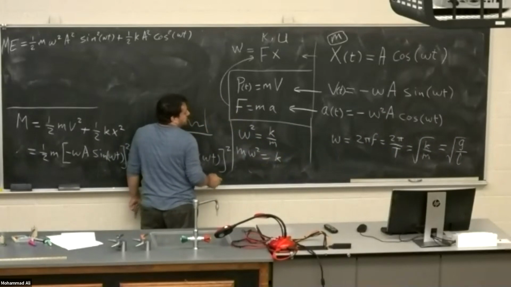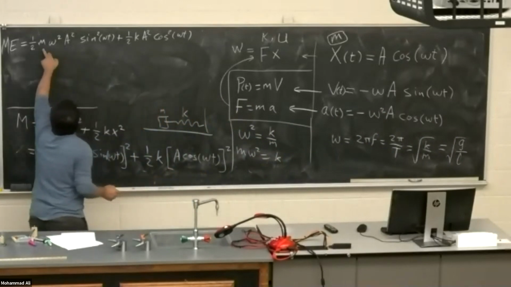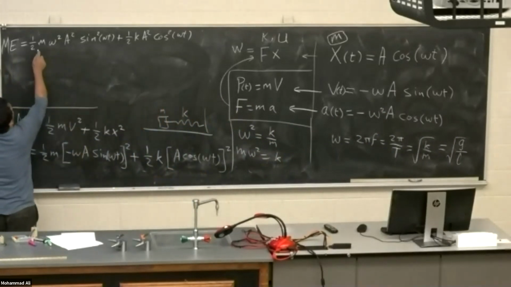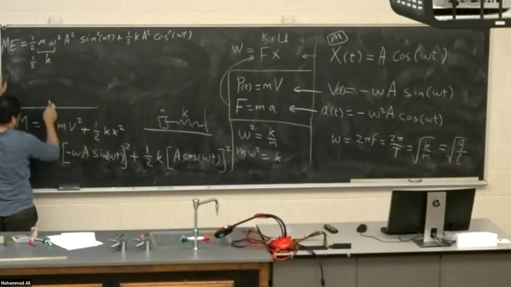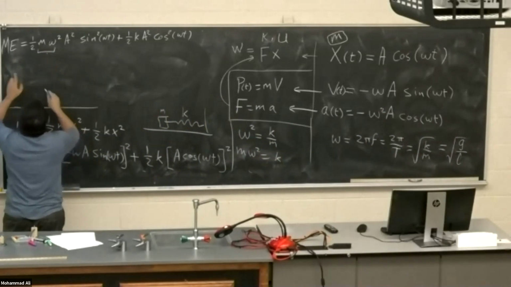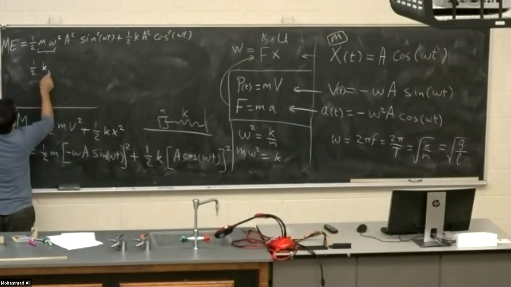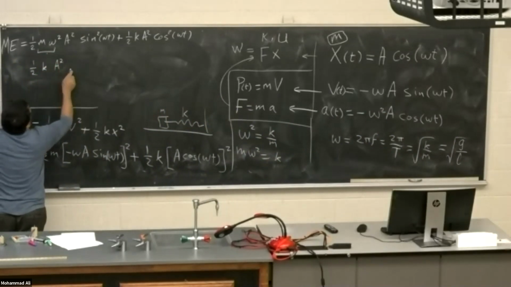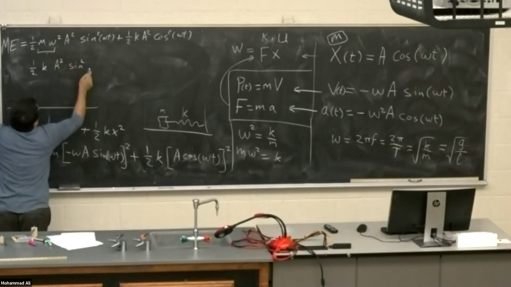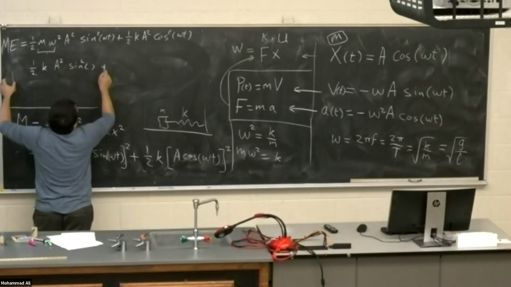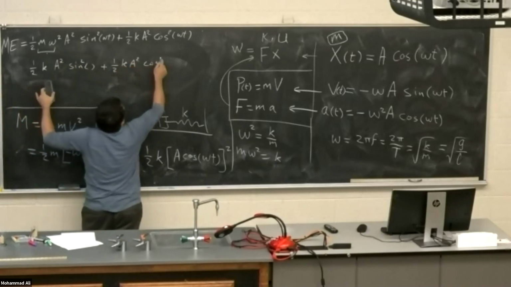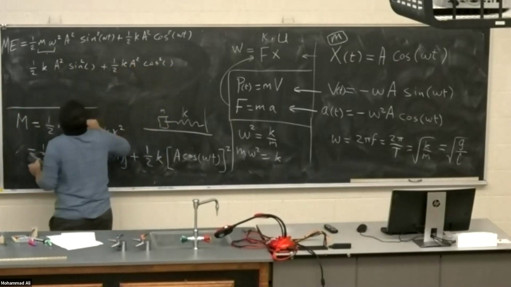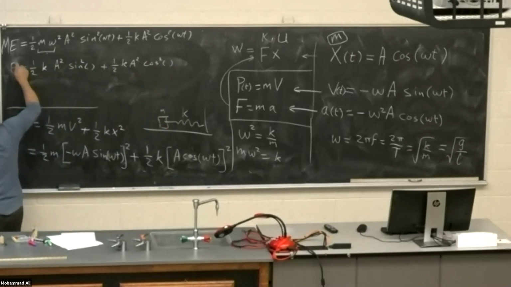Okay? M omega squared, this is k. So we have 1/2 k A squared sine squared something plus 1/2 k A squared cosine squared, the same thing. This is the energy.